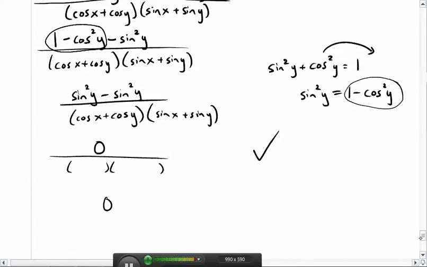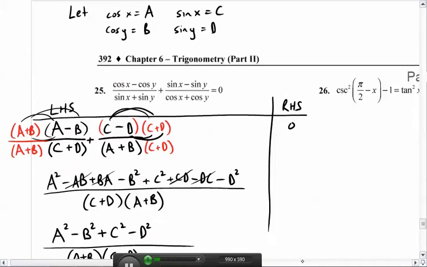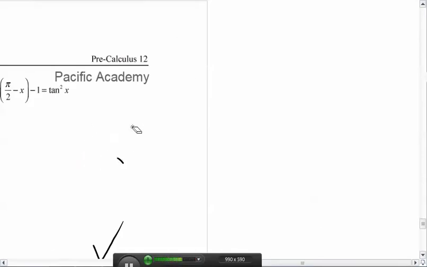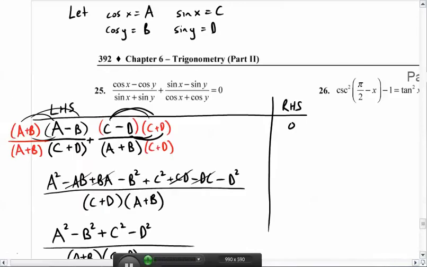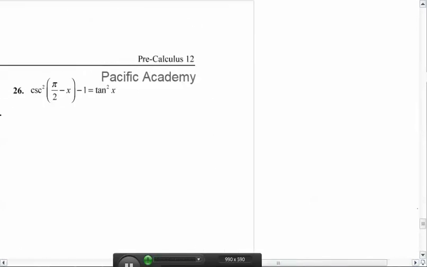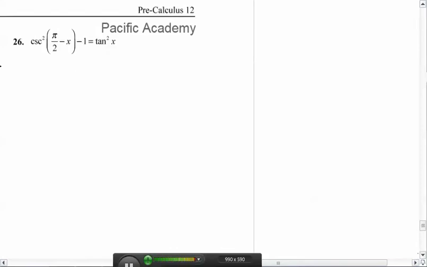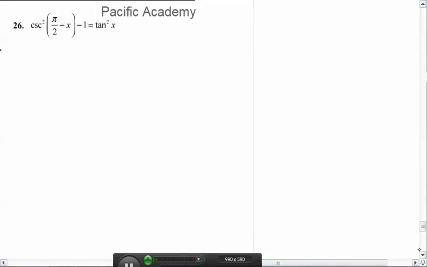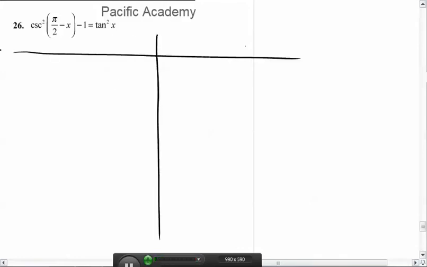Now I'll also explain question number 26, just in case you missed that in class. Explain that one more time. We're trying to prove that cosecant squared of pi over 2 minus x minus 1 is the same as tangent squared. We'll go left-hand side, right-hand side. So tangent is the same as sine over cos.